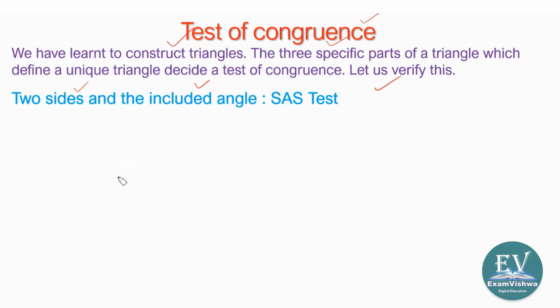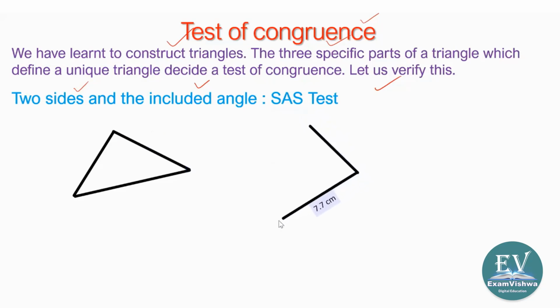Suppose that I am drawing roughly a triangle here. For example, a triangle A, B and C. Now I need to draw another triangle in such a way that here it is one side, here it is the other side, and here it is the third side.